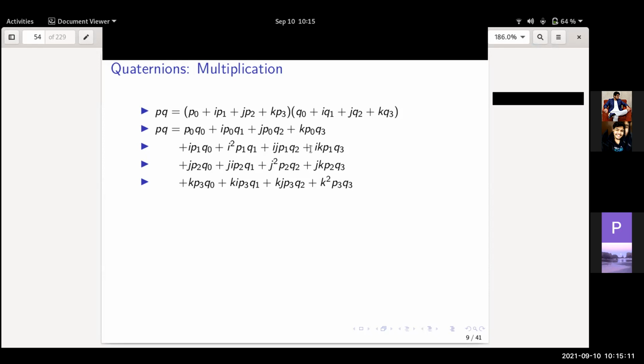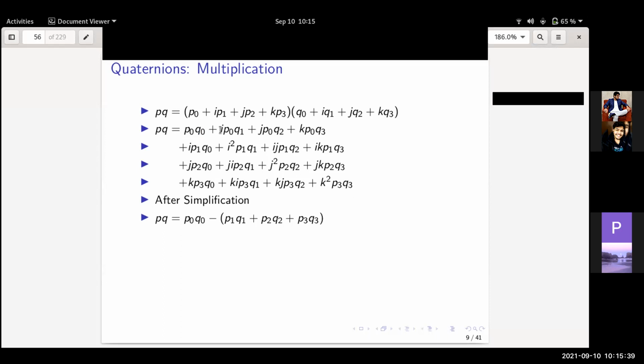Everything else has coefficients either i or j or k, or combinations of them, which will ultimately lead to one of the coefficients i or j or k. So the scalar quantities are exactly the ones from i square, j square, or k square, or the standard constant p naught q naught. So that is the first simplification we obtain.